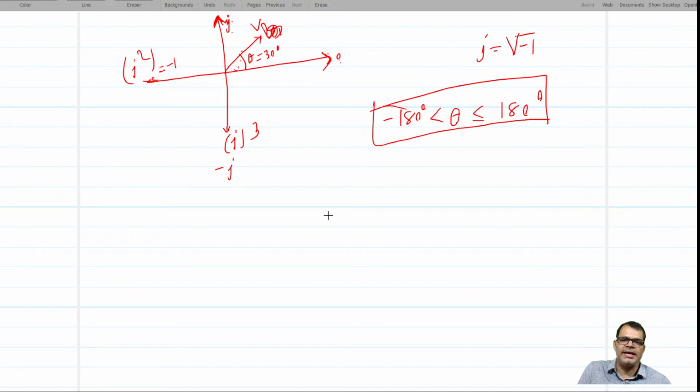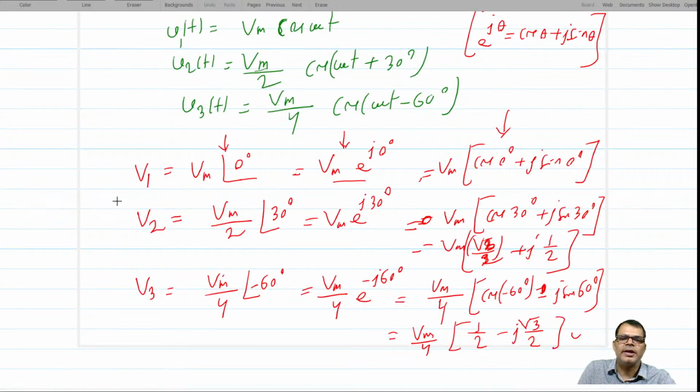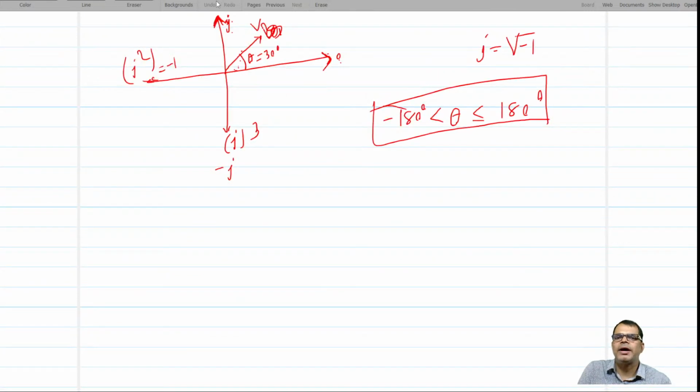So in this case, previously we have V1, V2, V3: 0 degree, 30 degree, minus 60 degree. I want to represent them in the phasor diagram.